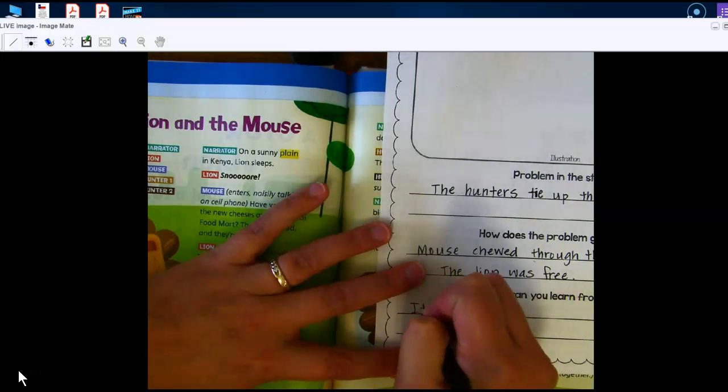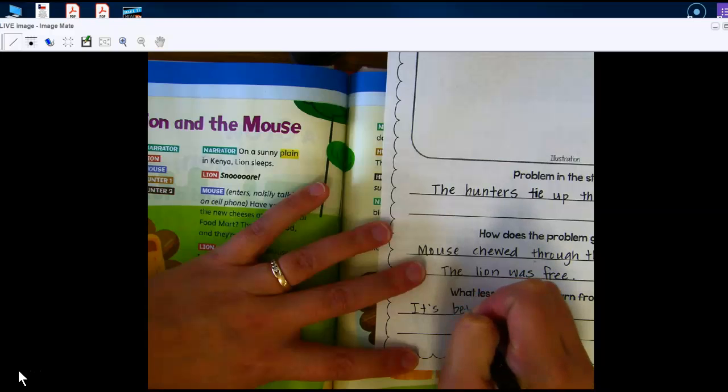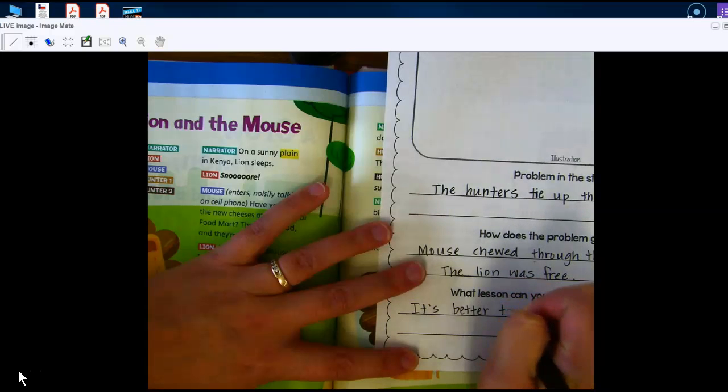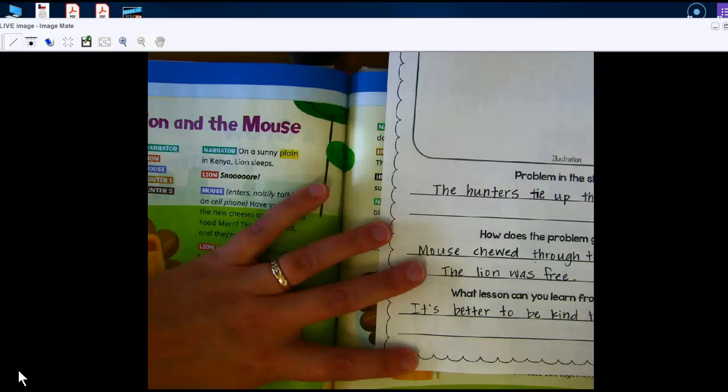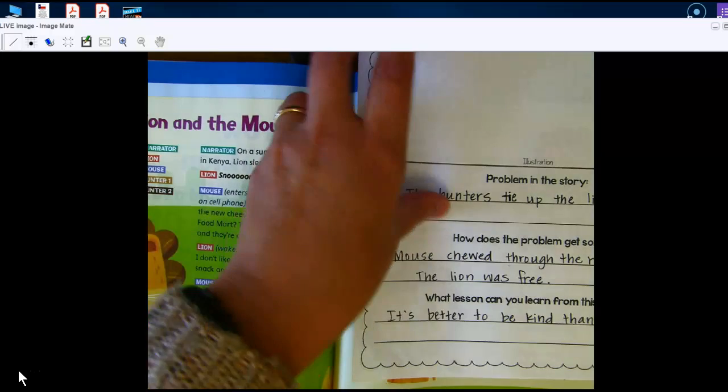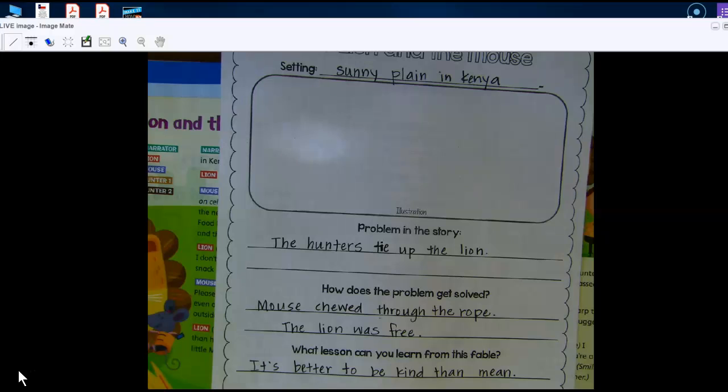It's better to be kind than mean. It's better to be a friend than an enemy. Either one of those is something we would learn. We wouldn't say it's better to be nice than eat something, because we don't eat people, right? So that doesn't make sense to be the theme. So it's better to be kind than mean.